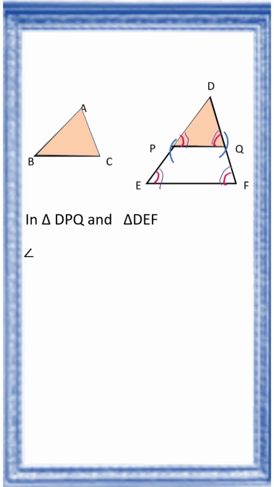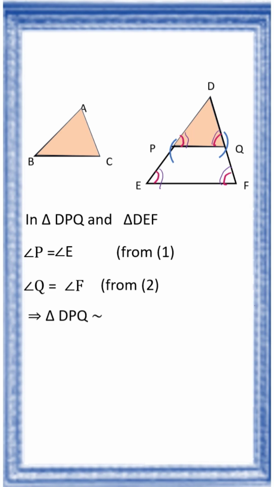We have already proved, but once again I am writing here angle E, angle Q is equal to angle F from equation number 2. So triangle DPQ is similar to triangle DEF by AA similarity criterion.